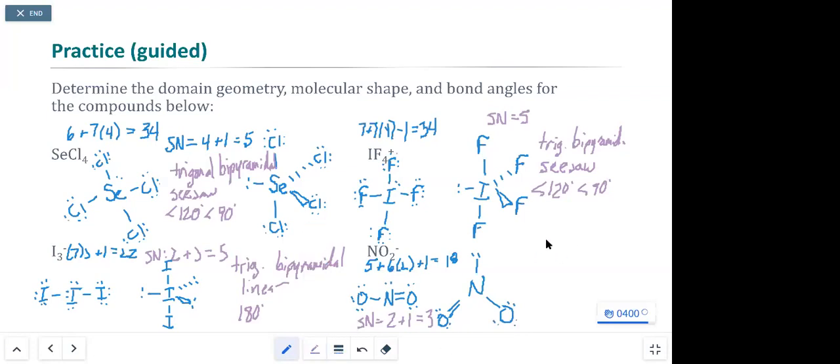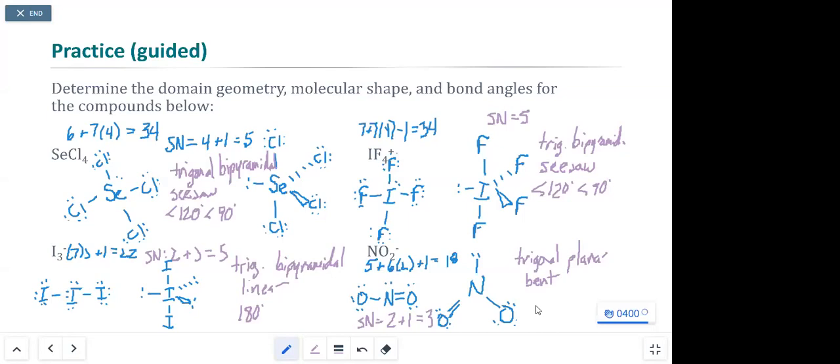Now to evaluate the shape, we're starting with trigonal planar. This extra lone pair is going to affect that shape and make it bent.